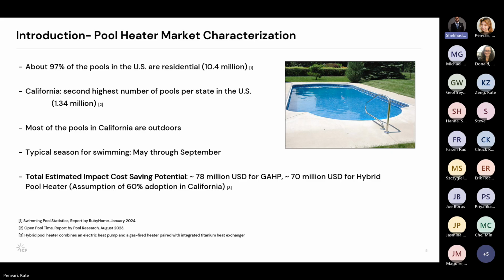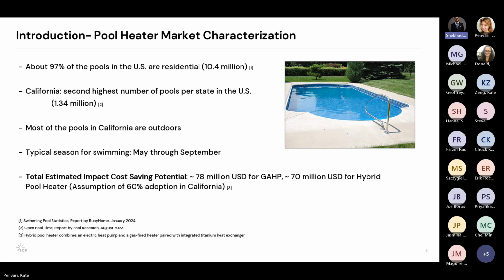The typical swim season varies for different climate zone, even within California, but the typical season is between May through September, and pool heaters play an important role by extending this swim season as well as extending the life of pool and resources.